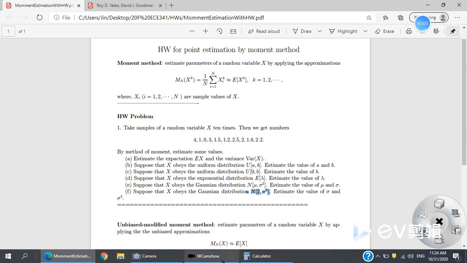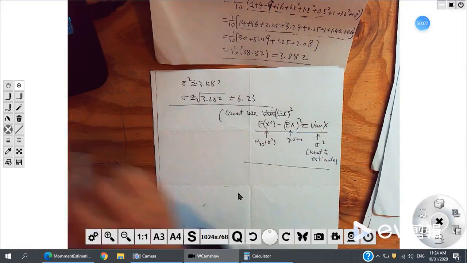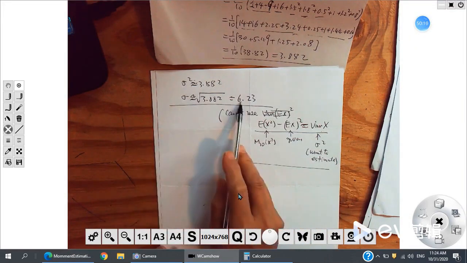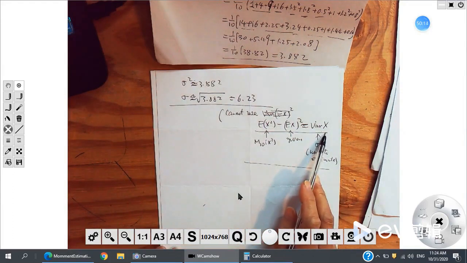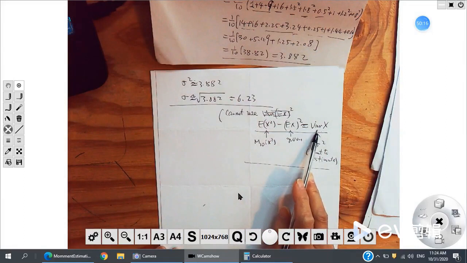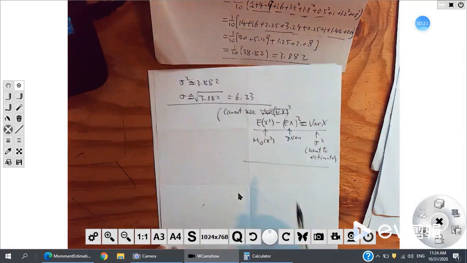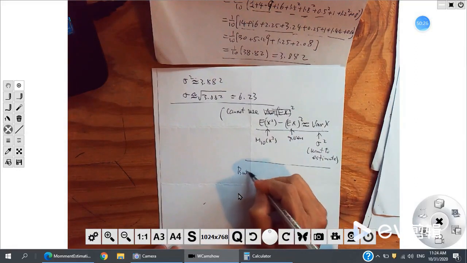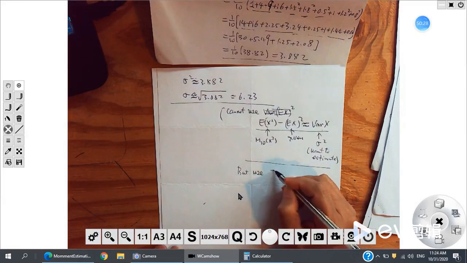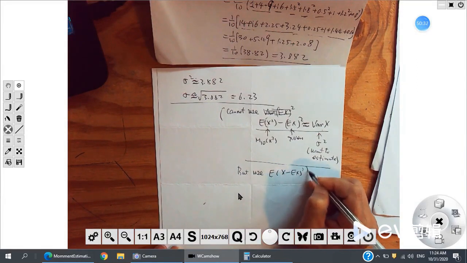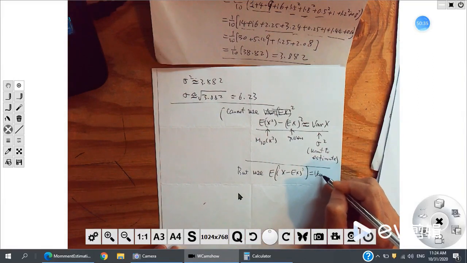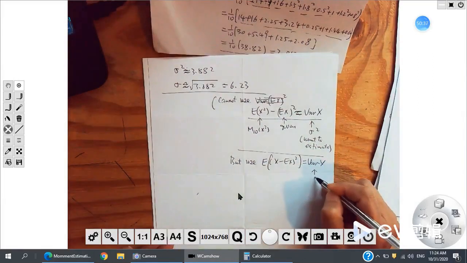So we have our result here, right? For this problem, we cannot use this one, because this will give us a negative value. So use E of (X minus EX) squared equal to the variance of X. This is the sigma squared we want to estimate.